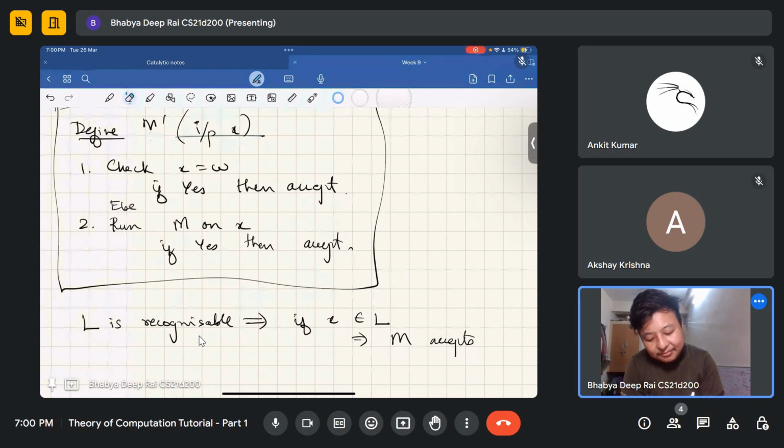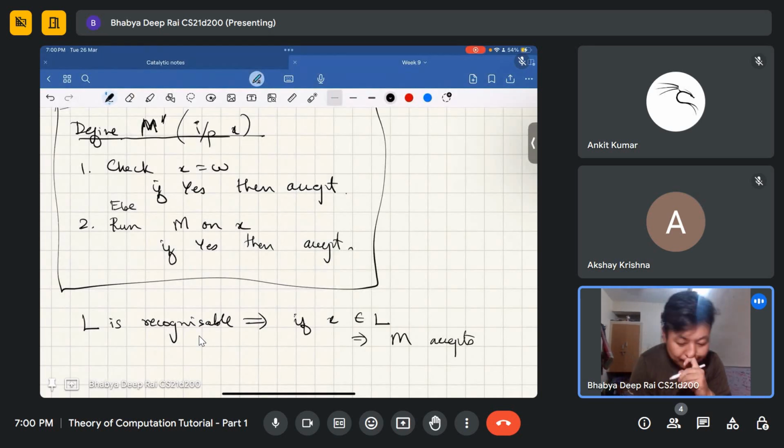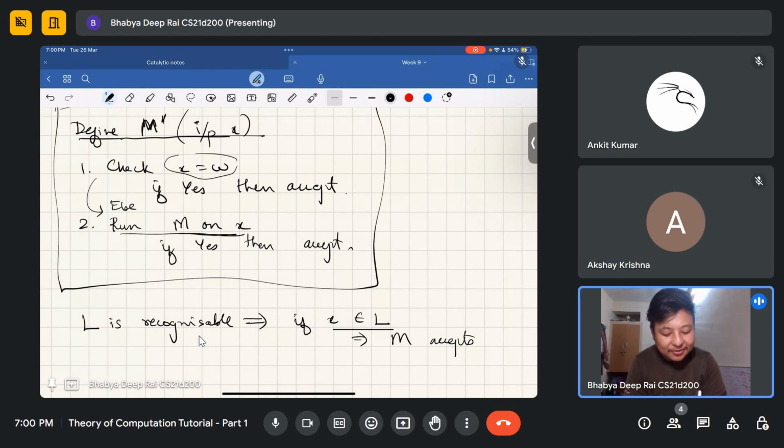If M prime, this new machine that we constructed, were given an X that is in L, then first it would check if X is equal to W. But let's say X is not equal to W, so it goes next. It runs M on X, and if X is in L, then M definitely accepts.